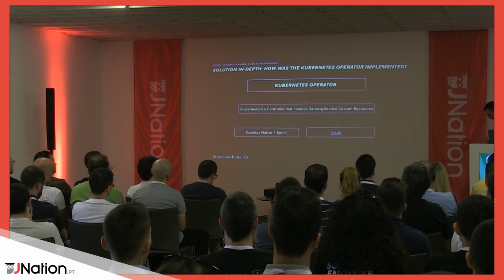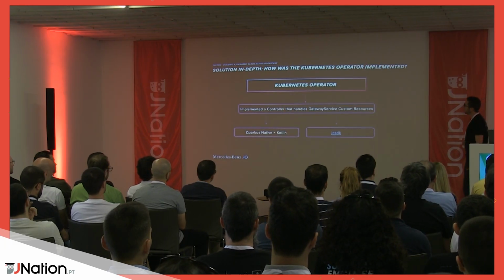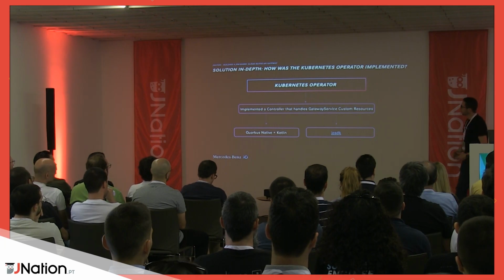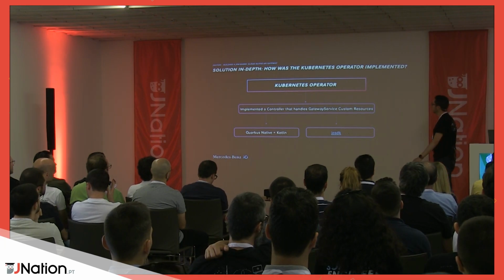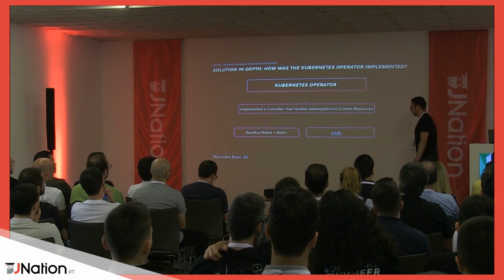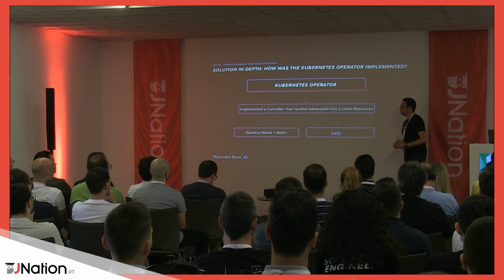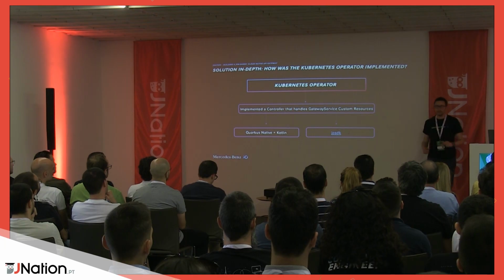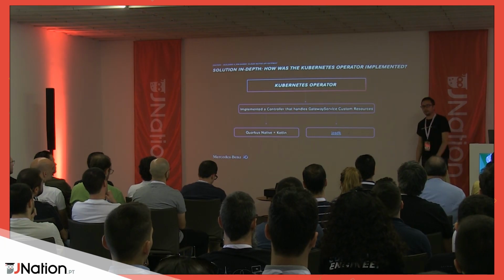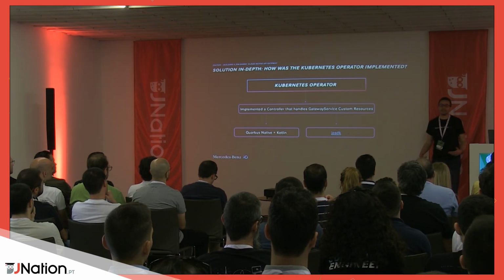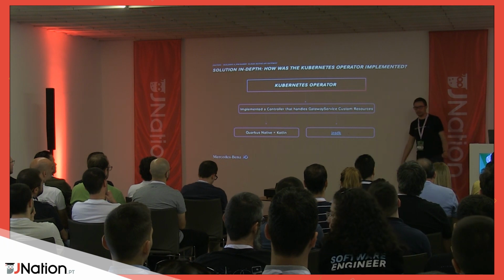So, a Kubernetes operator. How did we implement it? If you look across the internet, you'll find that most Kubernetes operators are implemented in Golang, but nothing stops you from using another language.